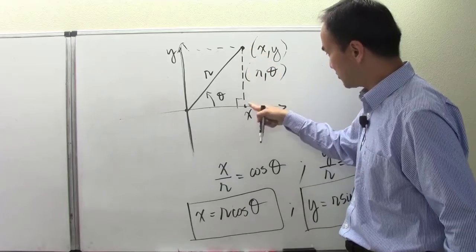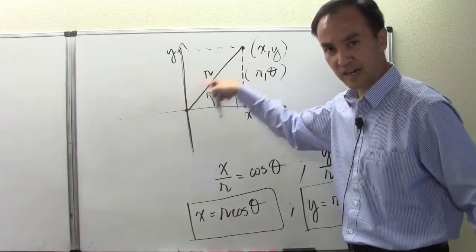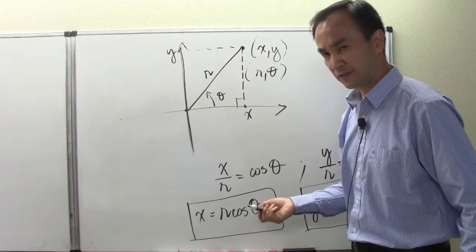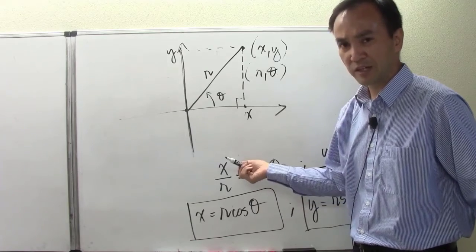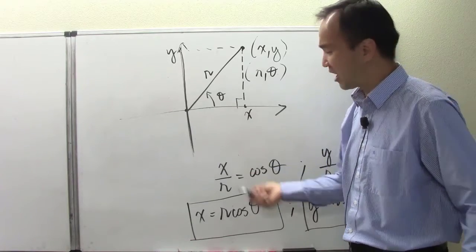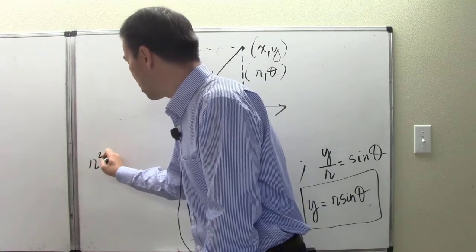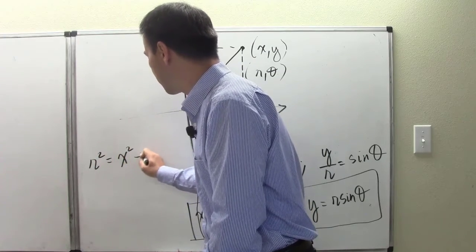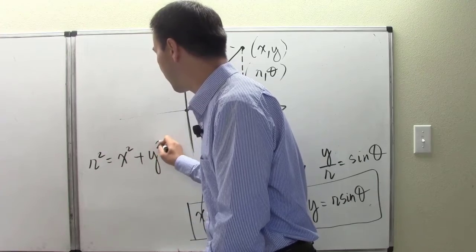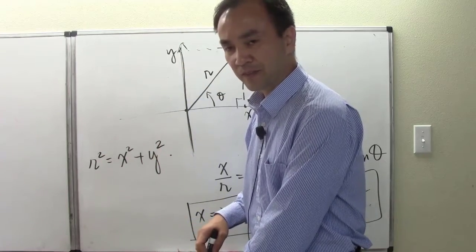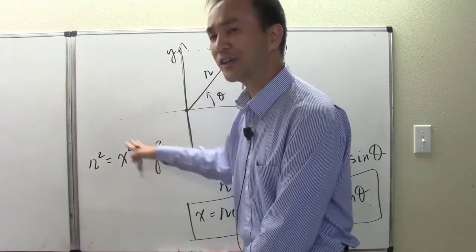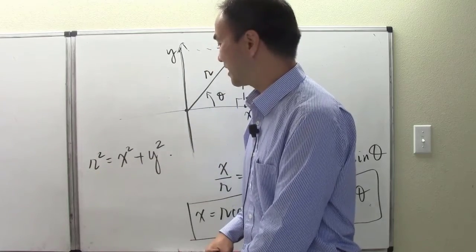So opposite, adjacent, and this is the hypotenuse. And we've learned from even elementary geometry that according to the Pythagorean theorem, r squared equals x squared plus y squared. We know that from geometry, and I did this a little earlier in our beginning work as well.